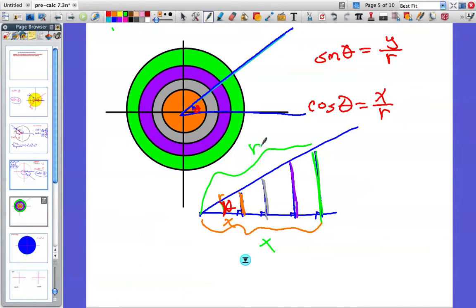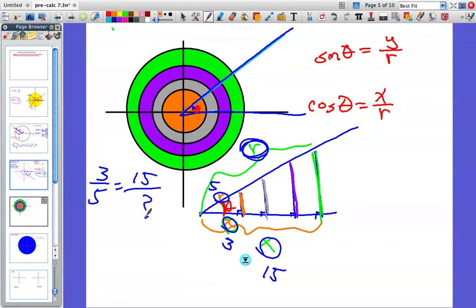Let's just make up some numbers. Let's say this is 3, and let's say this is 5. So if this one is 15, what would this one be? We say 3 is to 5 as 15 is to... multiply by 5. It looks like I'd be at 25. It's the exact same ratio.